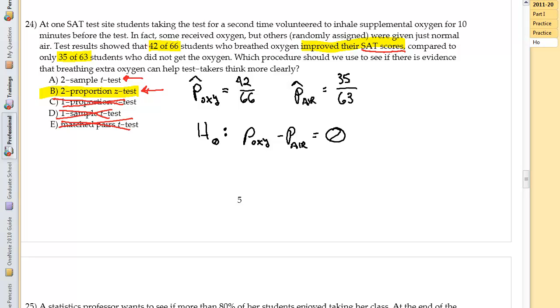But the big thing to focus on is that you had 42 out of 66 students who improved, and then you had 35 out of 63 students who improved, right? And so those are proportions. 42 of 66 is going to be like this. So be really careful about how you read these, because I initially started to do this wrong.